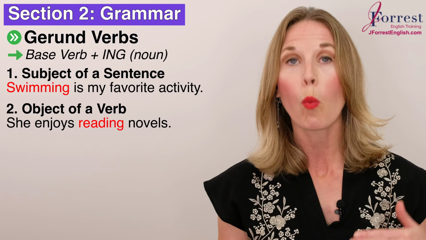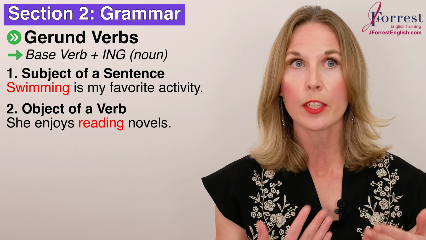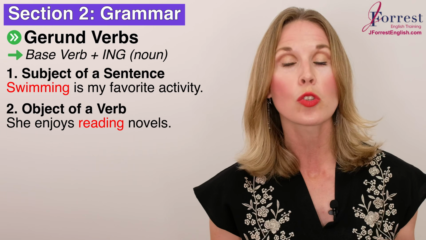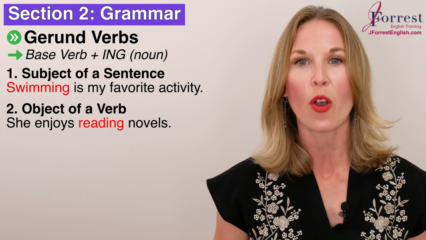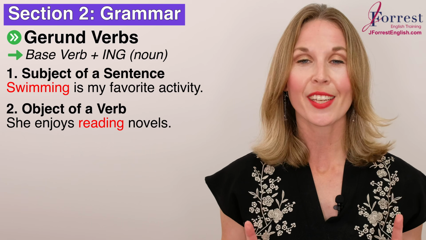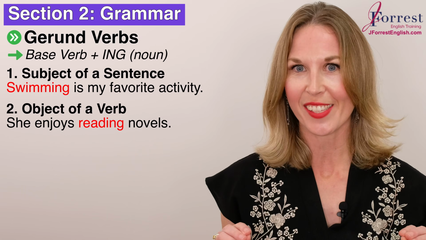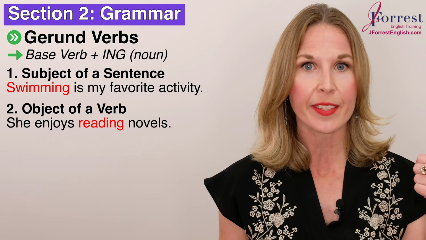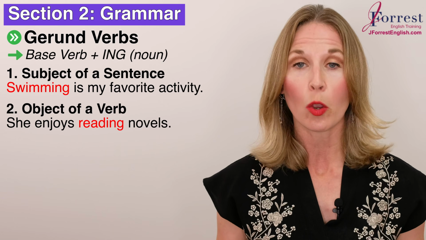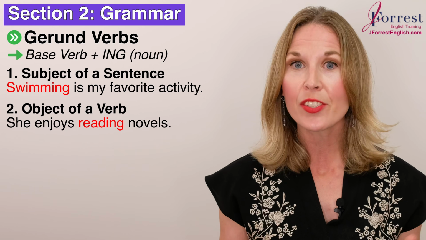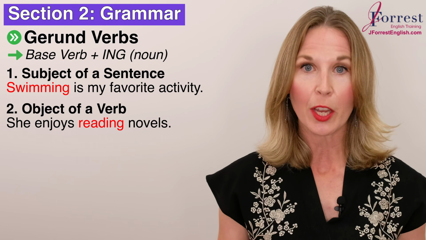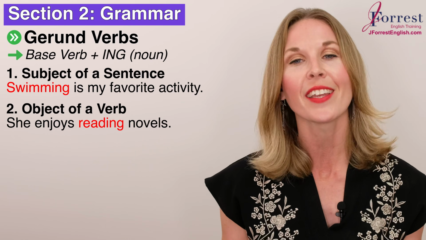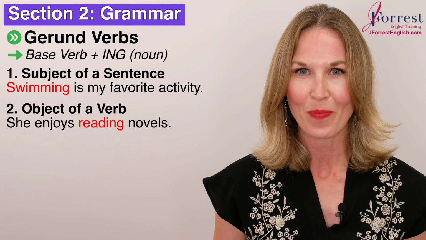It tells you what she enjoys. She enjoys what? She enjoys reading novels. Now, since this is a super advanced lesson, you could take this sentence and turn it into a gerund statement, number one, and say reading is her favorite activity, or reading novels is her favorite activity.